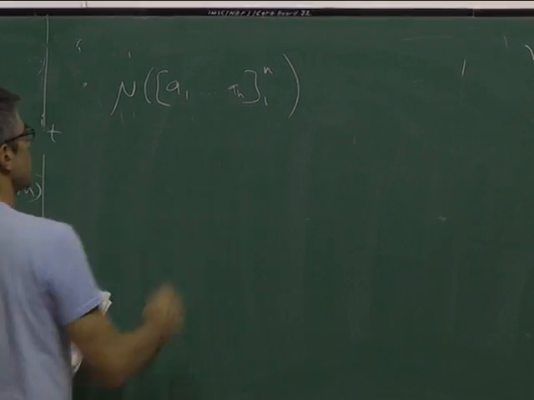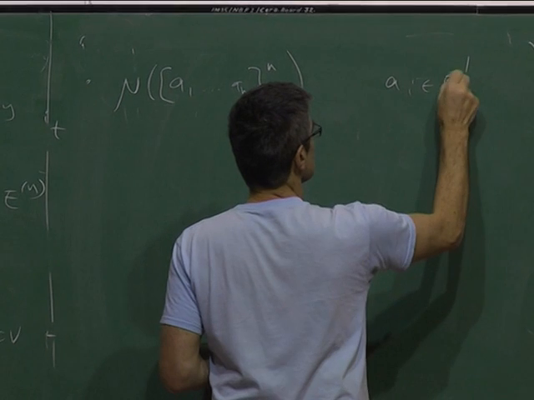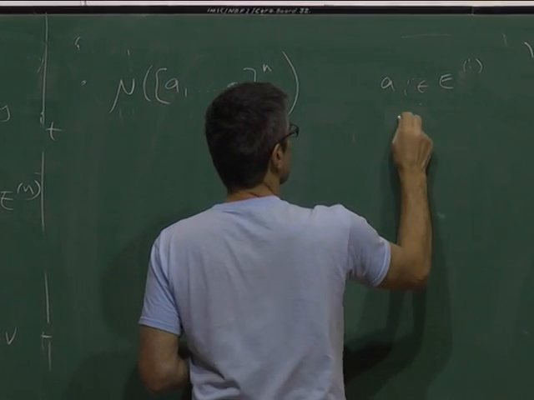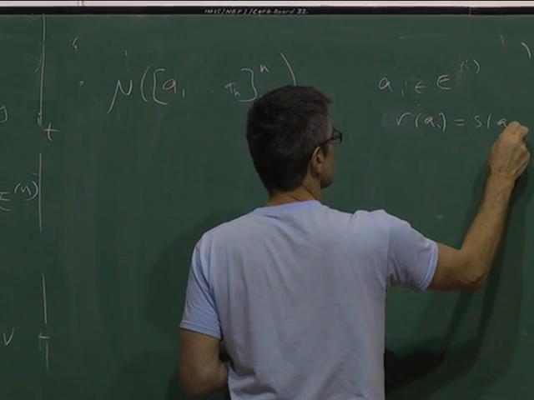So this is supposed to be, A_i is supposed to be an edge, with the range of A_i equal to the source of A_{i+1}.